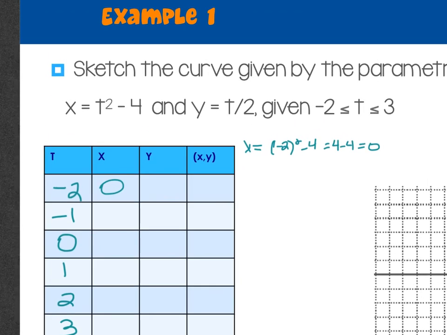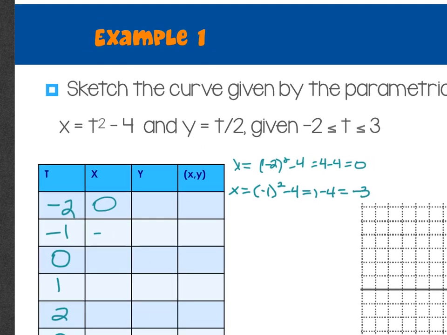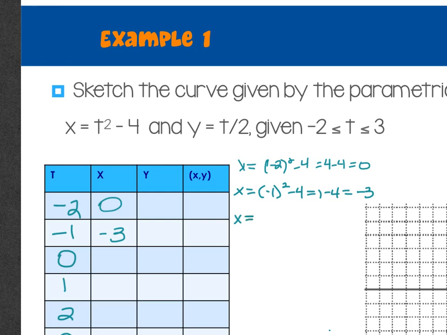And then I go to the next one. x equals -1 squared minus 4, which is 1 minus 4, which is -3. Next, x equals 0 squared minus 4, which is -4.